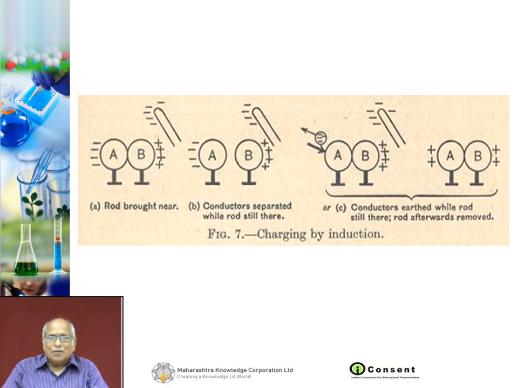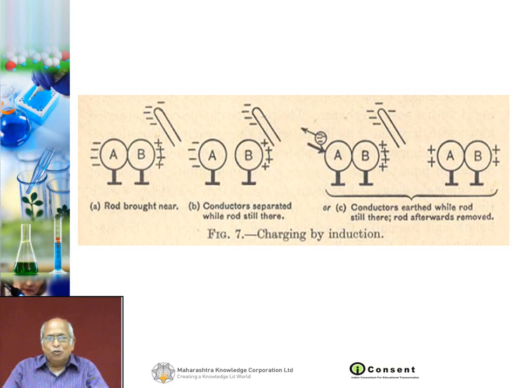So any amount of charge, either positive or negative, can be given to the earth and still it remains electrically neutral. One more thing, potential of earth is zero. Earth's potential zero असतं. So whenever any body is touched to the earth, it means the body is given a zero potential.